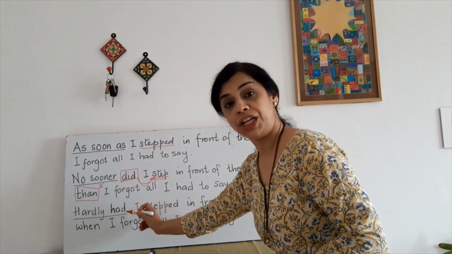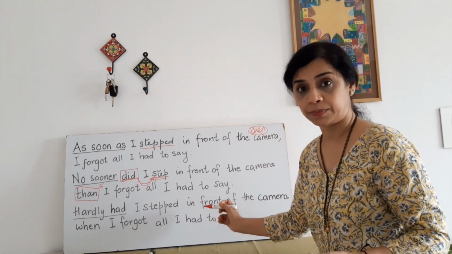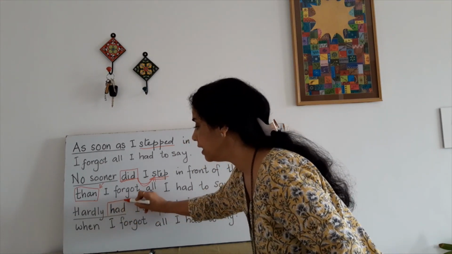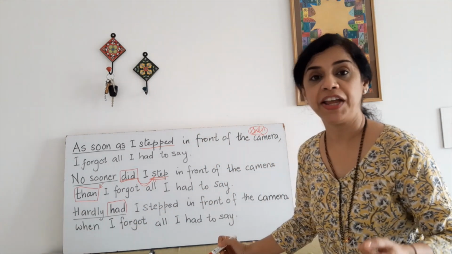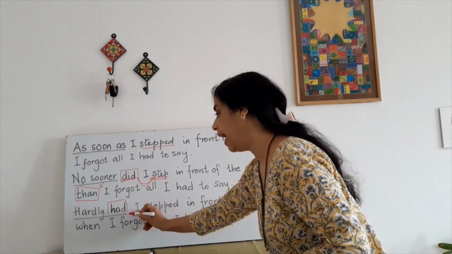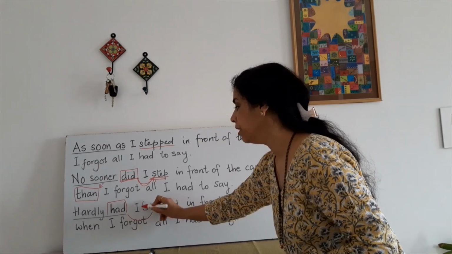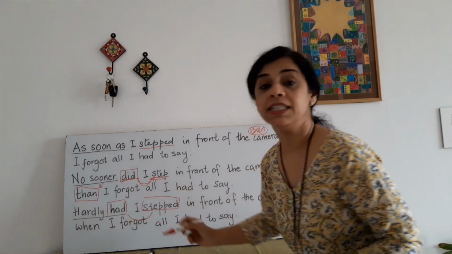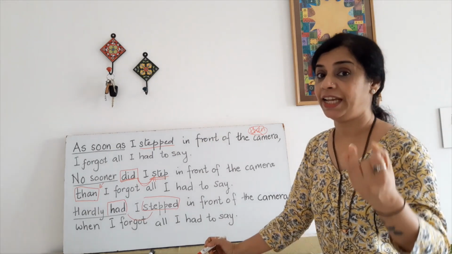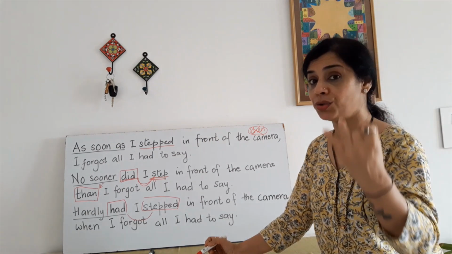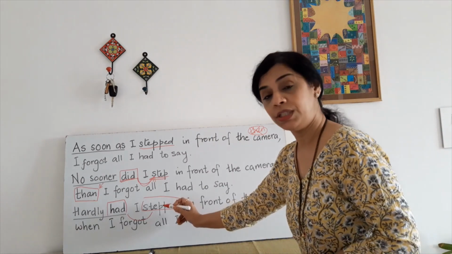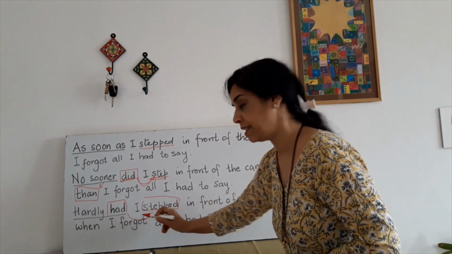Now, when you change it to hardly had, hardly had is the past perfect tense. So, with hardly had, the main verb is in the participle form. Okay? Eat, ate, eaten. Drink, drank, drunk. The participle form is used with had, always.